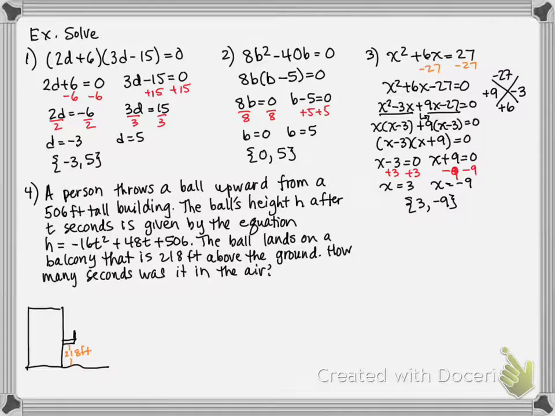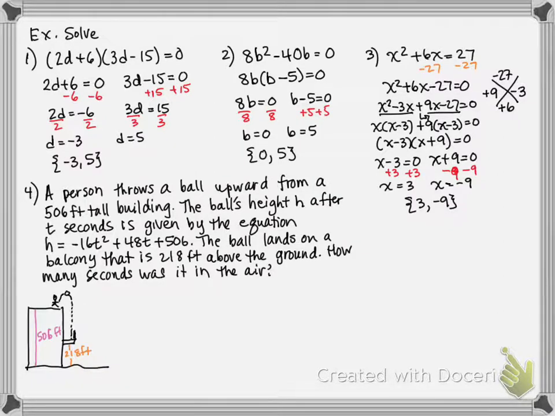We were told at the very beginning that the building is 506 feet tall, and you've got somebody standing at the top, and they're throwing a ball up, okay? So it comes down and it lands on that balcony, okay? So it says the ball lands on the balcony, so we know where it's at height-wise, and we want to know how long it took to go from the air onto that balcony.